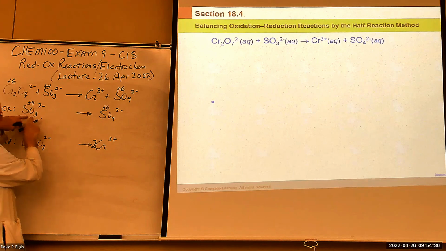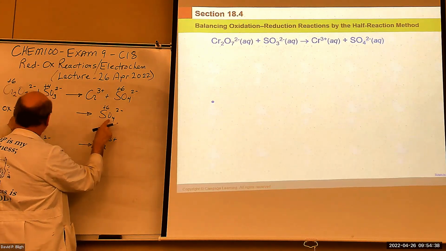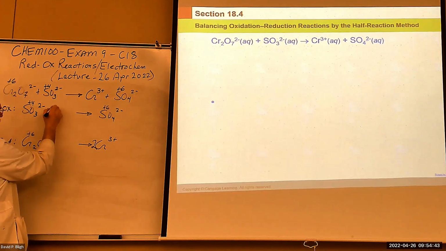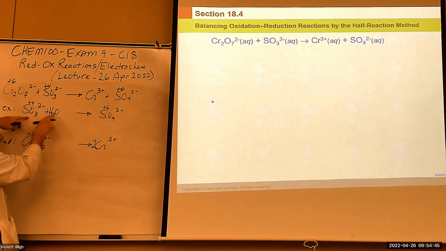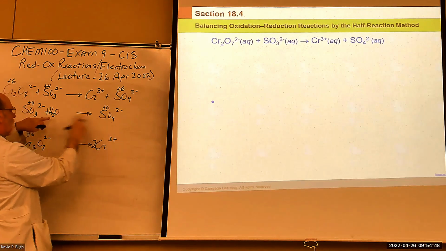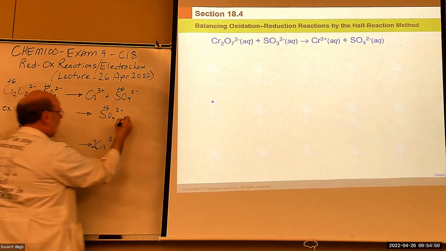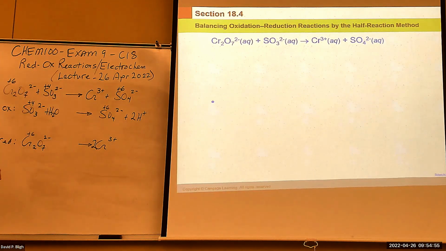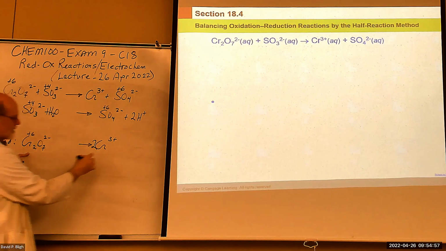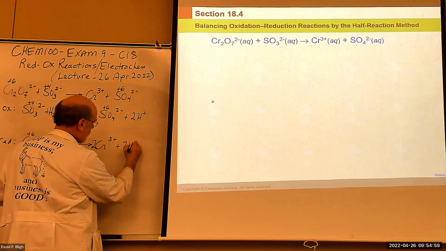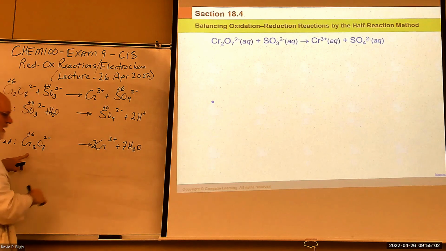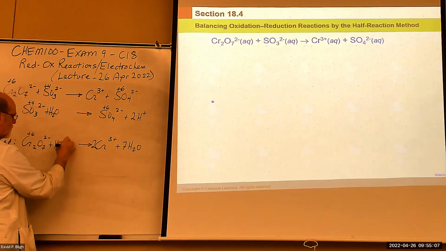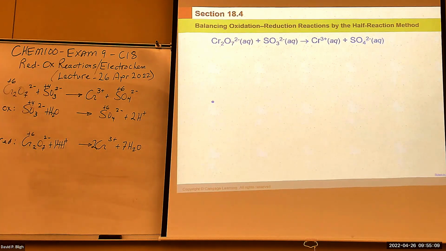We have 1 oxygen on this side, 4 and 3 on this side, 4 on that side. We need 1 more oxygen. So there's an oxygen, makes 4. But we've added 2 hydrogens. So now we need 2 hydrogens. On this side, we've got 7 oxygens. So we need 7 water. But that added 14 hydrogens over here. So we need 14 hydrogens. Okay?